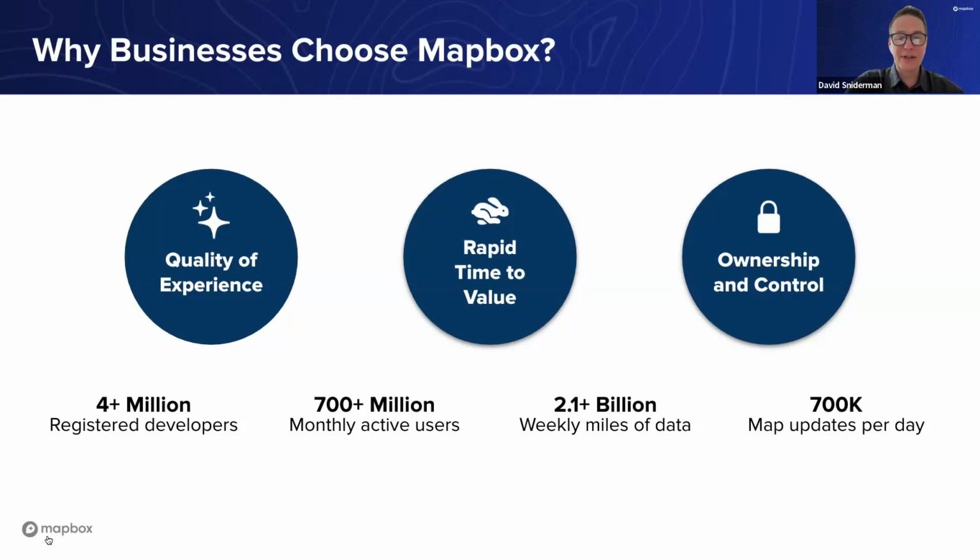Another attribute and another reason customers like Mapbox is that they can get up to speed really quickly. So our teams, not only do we build the services that you can use through the APIs, we think about the end-to-end experience quite a lot. So we have teams that obsess over these details. They think about what would the ideal grocery delivery app look like, and what would I want as a delivery person?